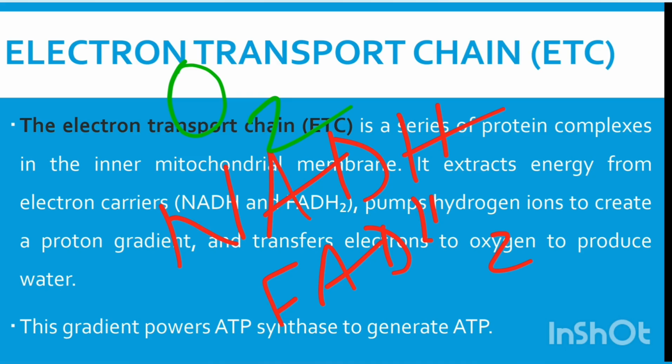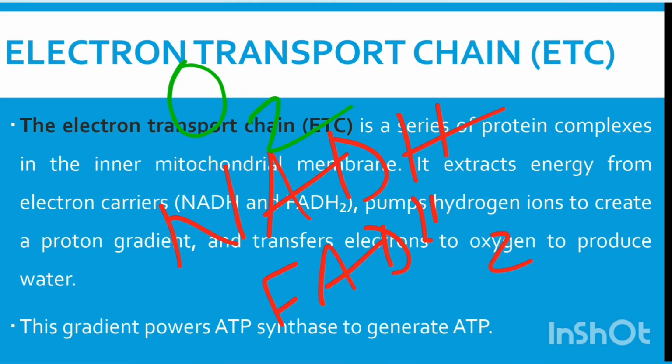Finally the O2 molecule is reduced to H2O. This whole mechanism of oxidation of reduced coenzymes through the electron transport chain is associated with phosphorylation of ADP to ATP.